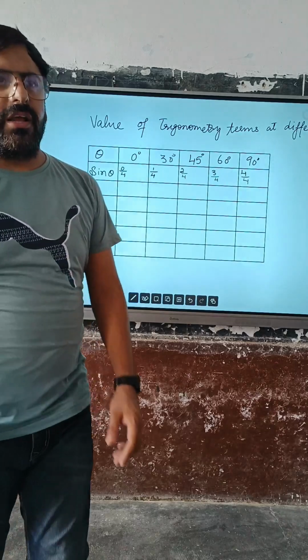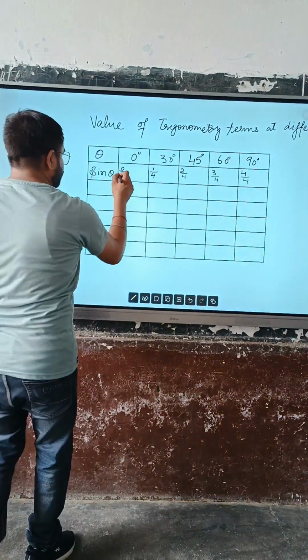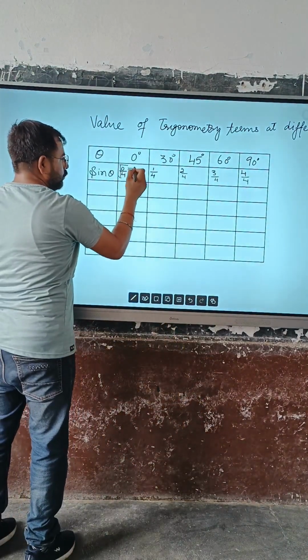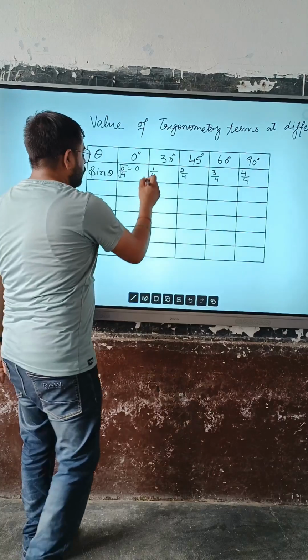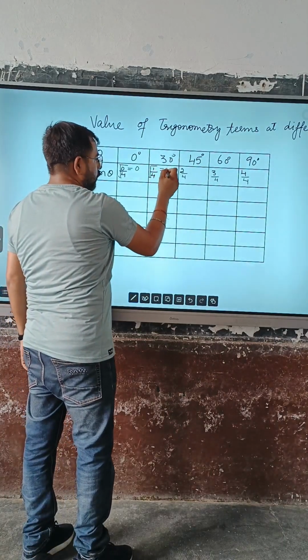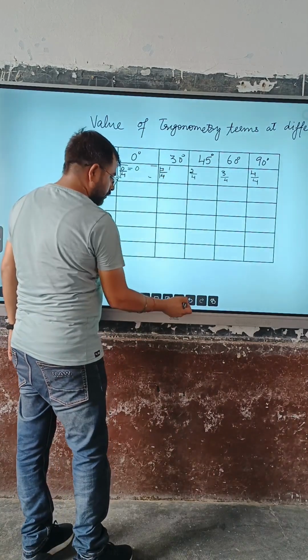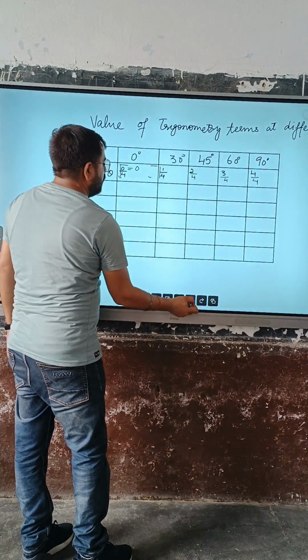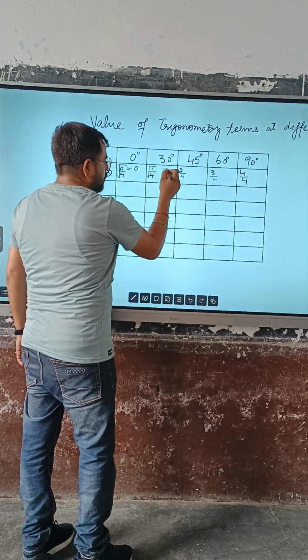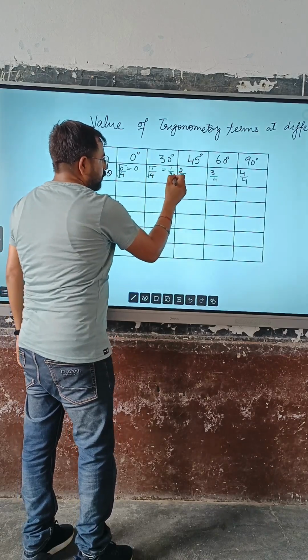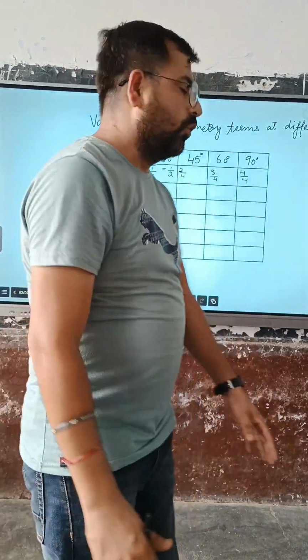Now we have to take the square root of all these values. So 0 divided by 4, square root of this is 0, and square root of 1 by 4, square root of 1 is 1 and square root of 4 is 2.